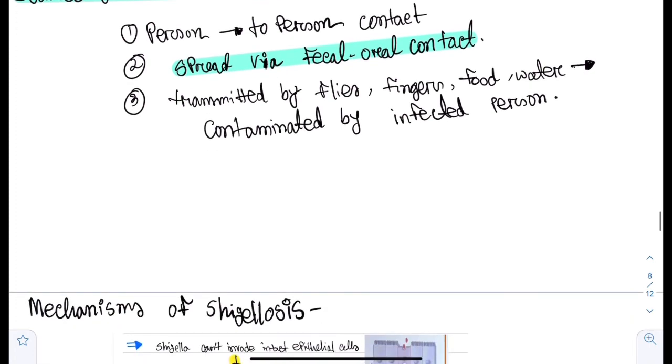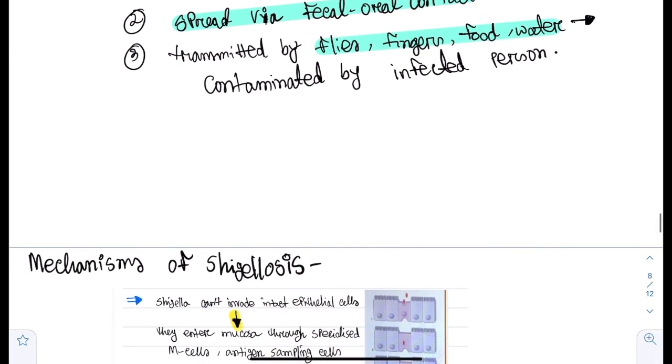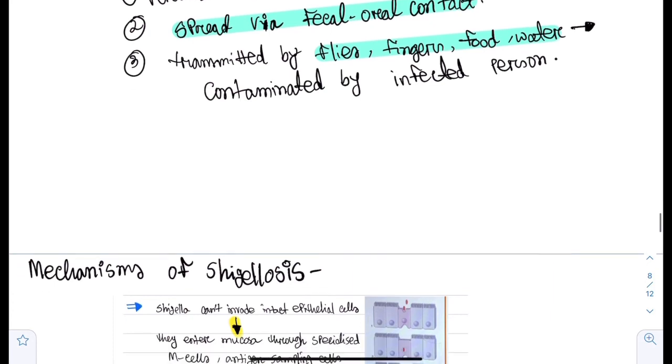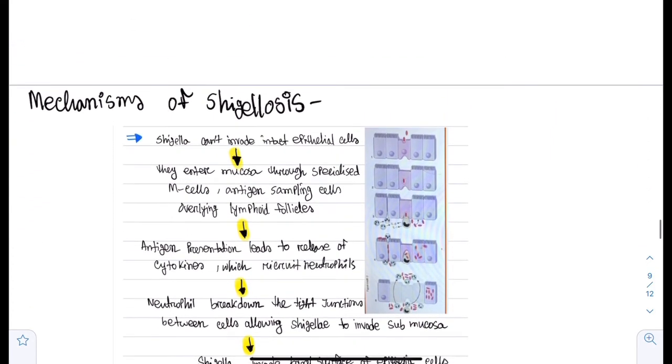And another thing is if the water is contaminated, and also through fingers, food, and flies. It could be transmitted by these ways. So just be careful whenever you go to the washroom.